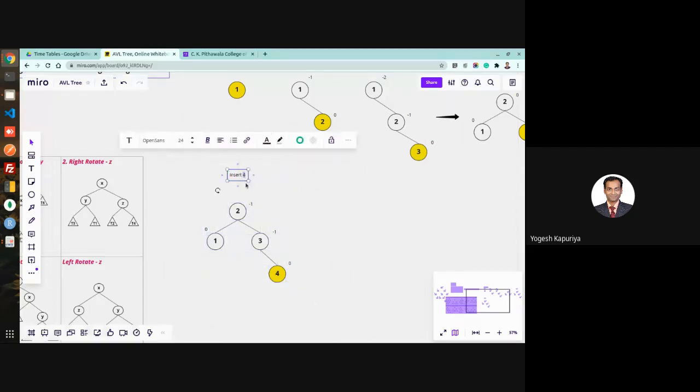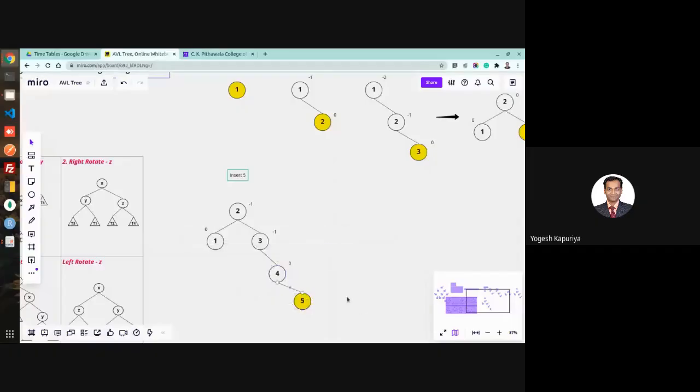So insert 5. Where will 5 go? 2, 3, 4. Greater than 4, so 5 goes here. Okay. So next step is you compute the balance factor from 5 and towards the root.